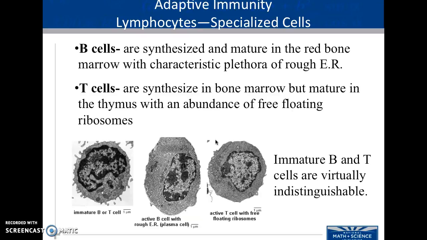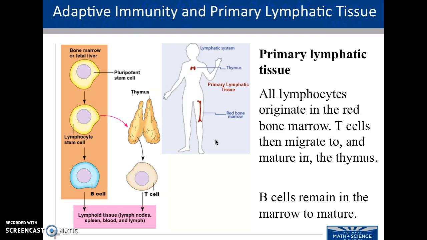This is why immature B and T cells are virtually indistinguishable. We have lymphatic tissue, which consists of our lymph nodes and all of the vessels that lymph flows through. T cells can migrate to and from the thymus using the lymphatic tissue. B cells remain in our bone marrow for a long time.